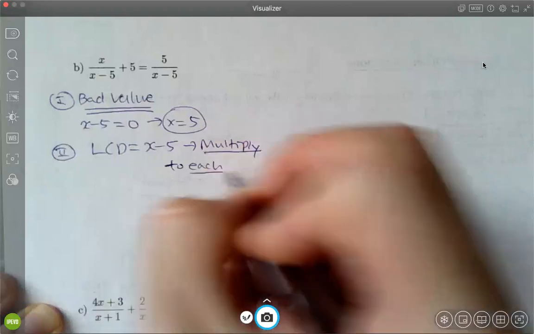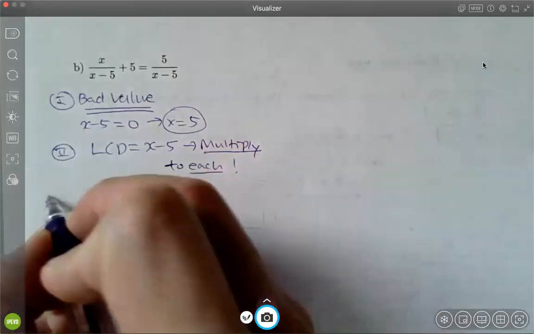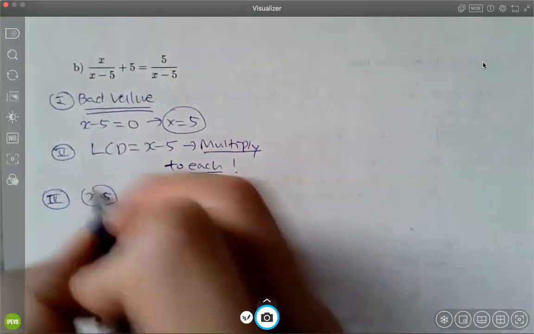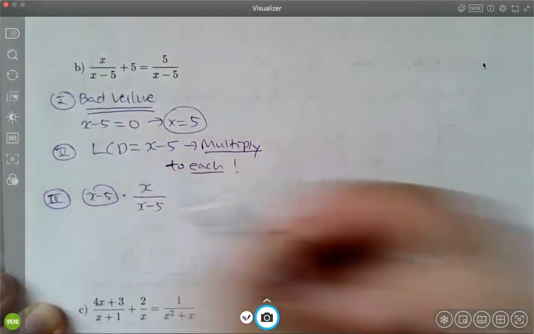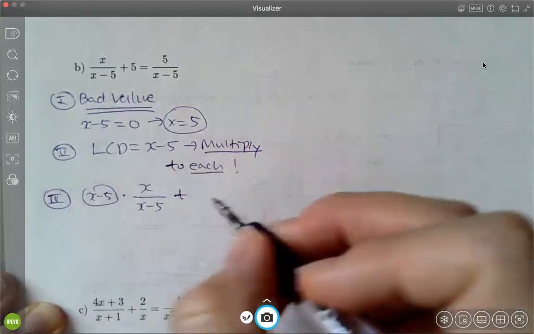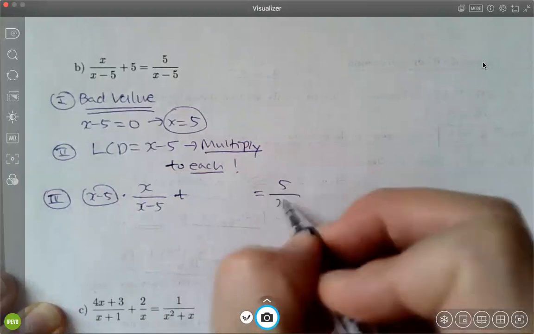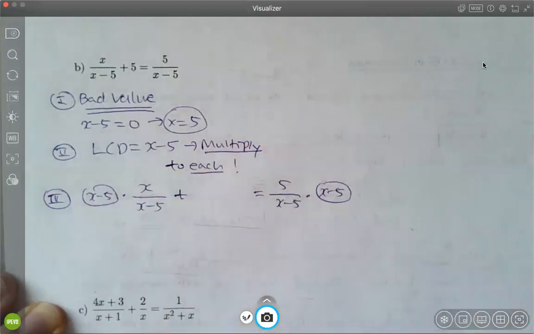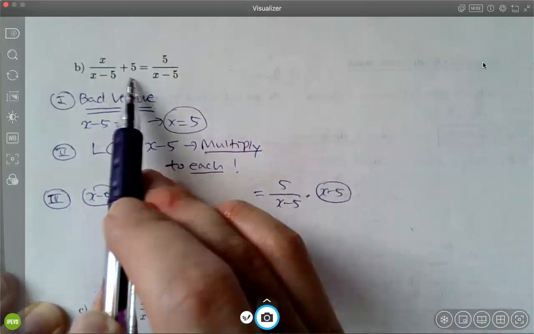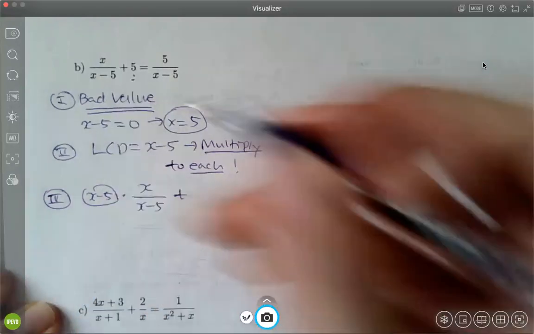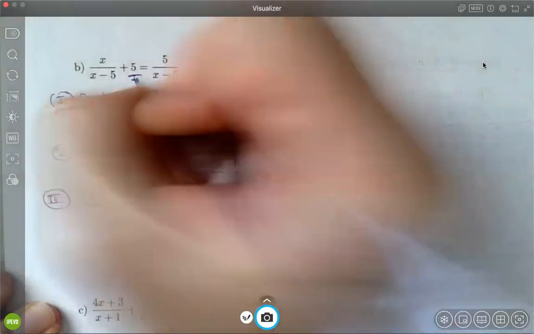Now when people multiply this x minus 5, they can easily see that it needs to be multiplied to the first and the last fractions. But then what they do is they forget to multiply x minus 5 to this 5 because there's no fraction here. So if you want, you can make it into a fraction like 5 over 1.